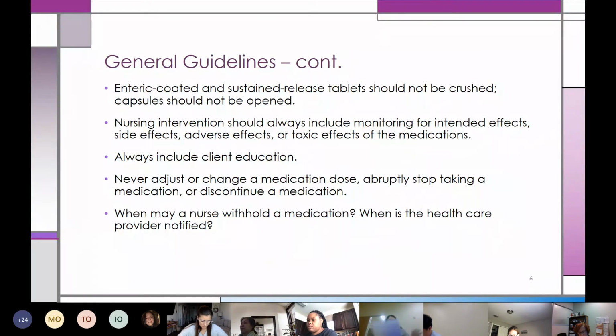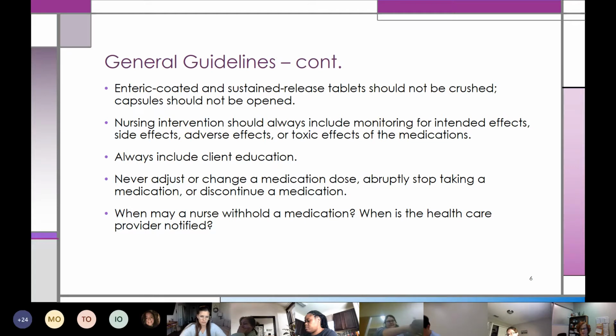Generic, enteric coated, sustained release. I'm sure you remember that we don't crush those. We should never be opening capsules, although there are some meds that we have known to open. When I was working in one of the PCU units, lots of our older geriatric patients were getting potassium supplements, and potassium comes in these huge pills.